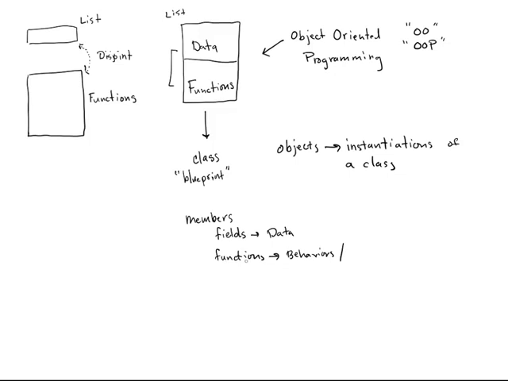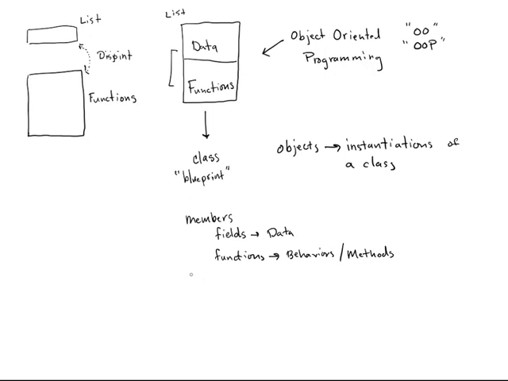There's another word that we use when we talk about functions that are part of objects, and that's methods. Now, some people use methods and functions interchangeably, so don't get too uptight about holding to those definitions, but method is, in my opinion, the more technically correct way to call a function of an object.